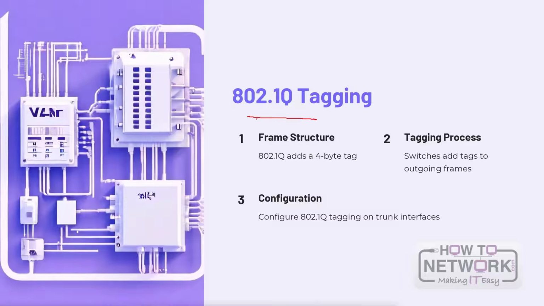So what is 802.1Q tagging? 802.1Q adds a 4-byte tag to the Ethernet frame, including the 12-bit VLAN ID, enabling up to 4,096 VLANs. In terms of the tagging process, switches add tags to outgoing frames on trunk ports and remove tags on access ports, facilitating VLAN traffic across the network.